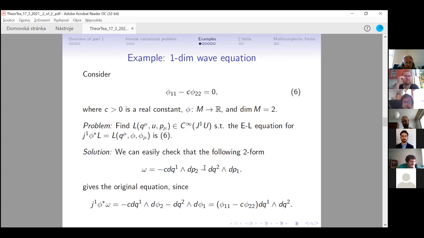Similarly for the other term, I get minus dq1 wedge phi 11 dq1. If I flip dq1 with dq2, I get plus here. Then the whole expression will be in dq1 wedge dq2, and I will get precisely phi 11 minus C phi 22, the whole thing multiplied by dq1 wedge dq2. So if I set it equal to 0, then I know that phi 11 minus C phi 22 must be 0. That's why this form represents this equation with respect to the Monge-Ampère operator.